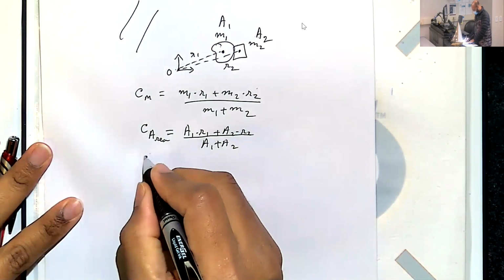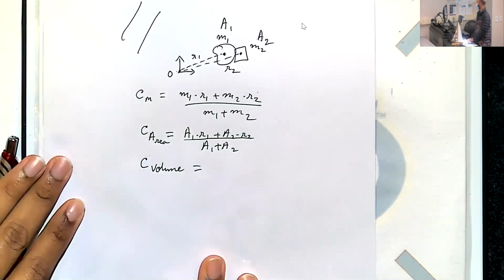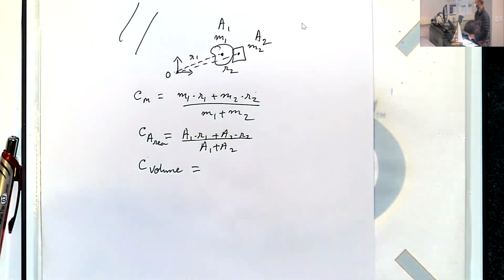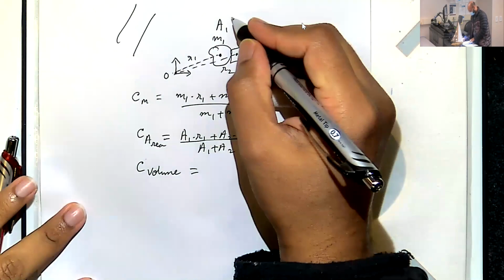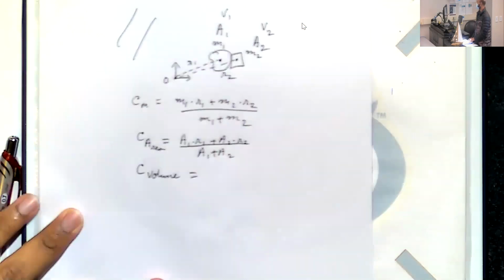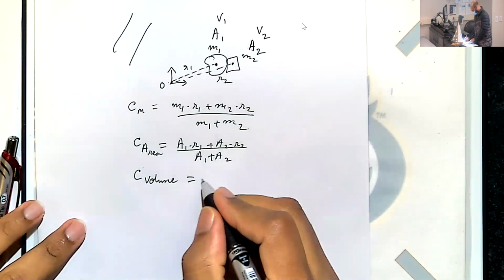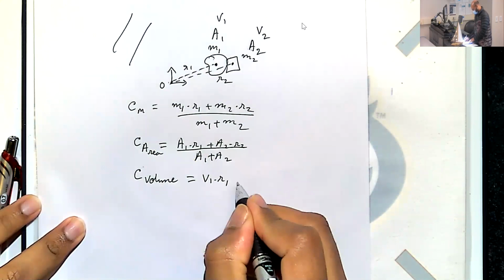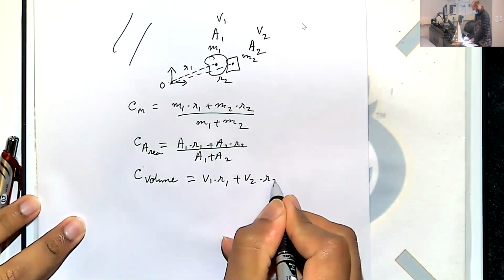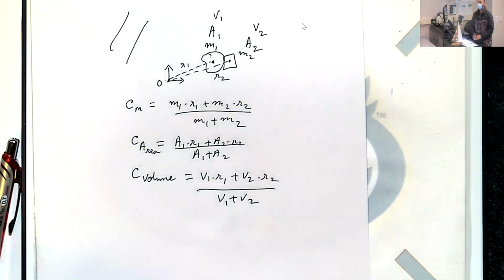What about center of volume? V1 R1 plus V2 R2 over V1 plus V2. So the same thing applies for mass, area, and volume.